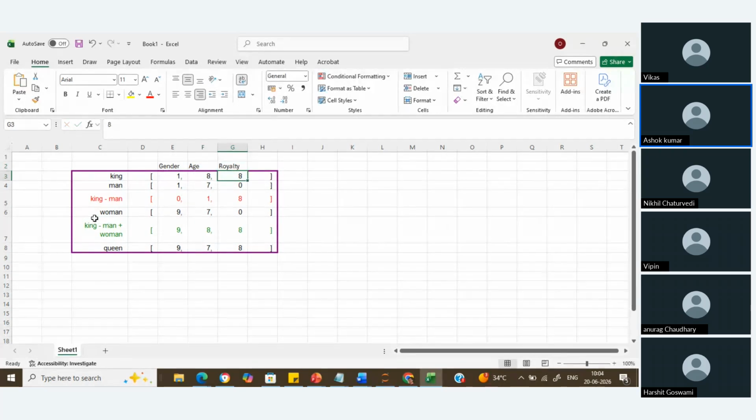So what I'm trying to say is, if we are deducting king minus man, king is 1, man is 1, so it is 0. King's age is 8 and man's age is 7, so it is 1. And royalty is 8, and 8 minus 0 is 8. So king minus man is 0, 1, 8.